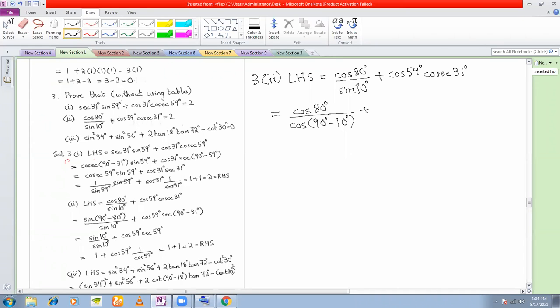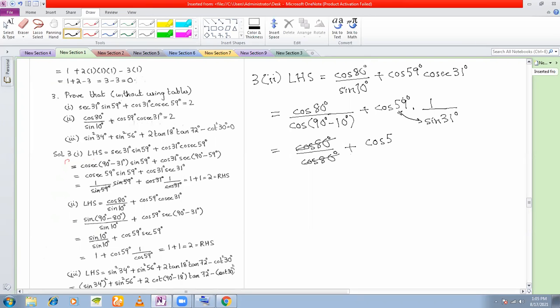And here you have a product of cos and cosec. So what you can do is you can first change cosec to sine. Right? So here what do you get? You get cos 80 degree divided by cos 80 degree, which actually cancel. You get 1 here plus. Now here you have these two. You can change either sine to cos or cos to sine, but any one you have to change.